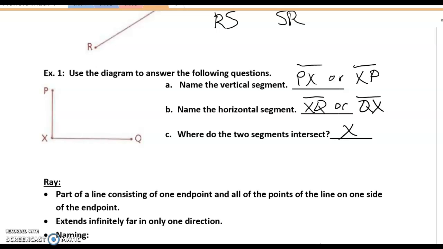Very important that you write those symbols above the letters, or else points will be deducted on quizzes and tests. For the horizontal segment, it's either XQ with a segment symbol over it or QX with that segment symbol above it. And finally here, where do these 2 segments intersect? When we talk about a point of intersection, we should be referring to a letter. In this case, that letter is X.